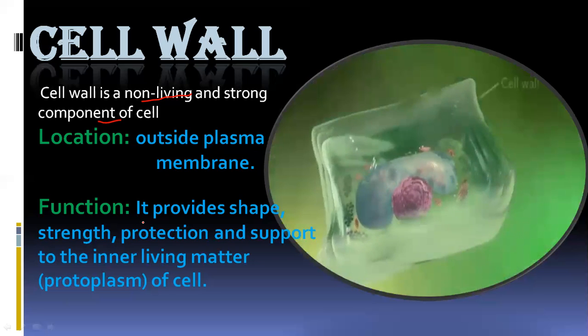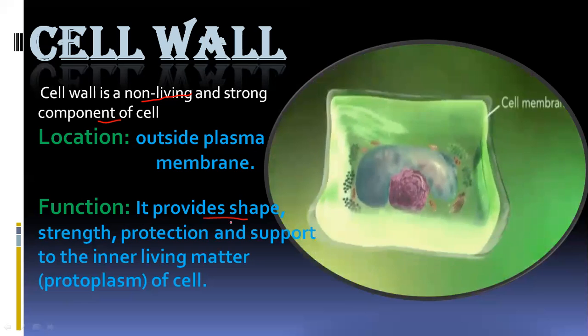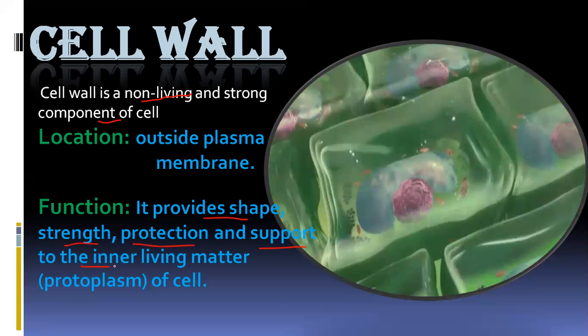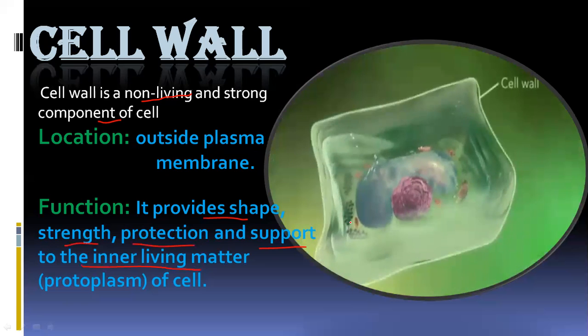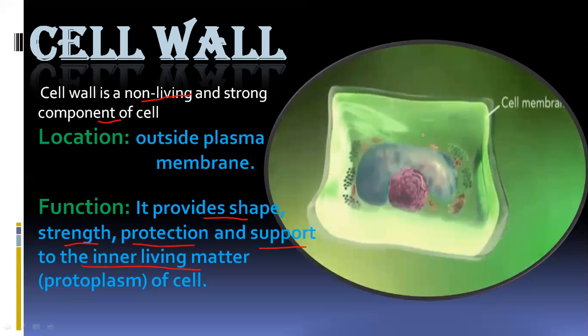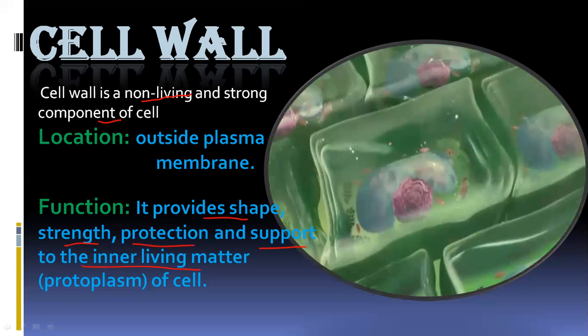A very important function it carries: it provides shape, strength, protection and support to the inner living matter. This living matter is also said to be cytoplasm, protoplasm, plasma, etc. That is a jelly-like fluid.